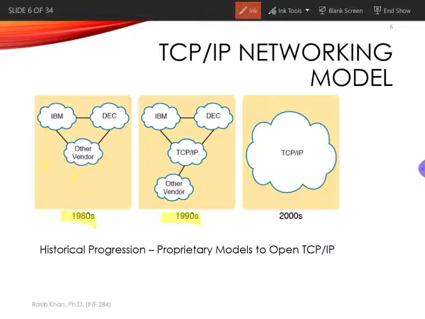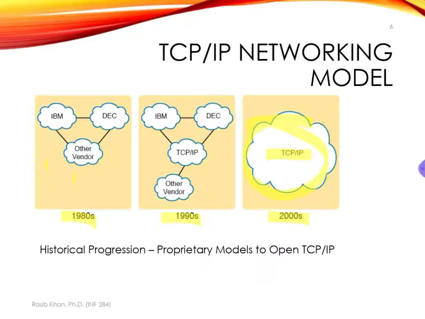In the 1990s, there were further vendors and standards being developed, and eventually in the 2000s, the TCP/IP model was standardized, which brings us to our current point of time, what we see in today's internet. So whatever we will be studying here is going to be the current model of TCP/IP networking that we have seen to be standardized so far.